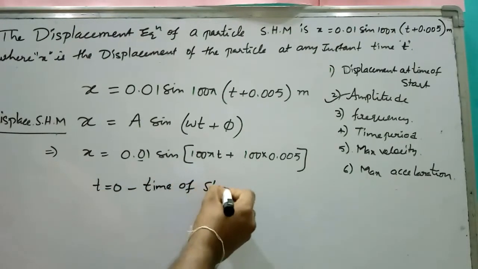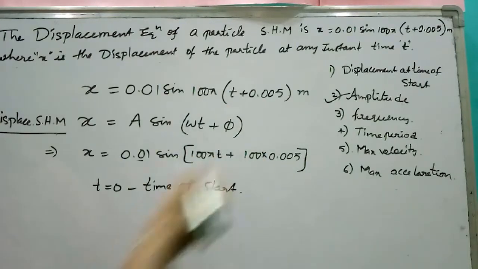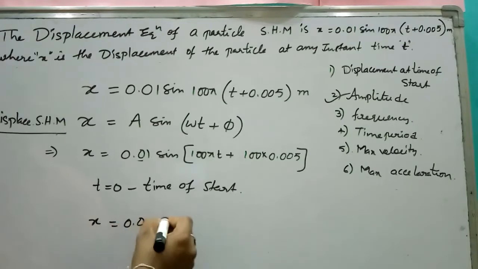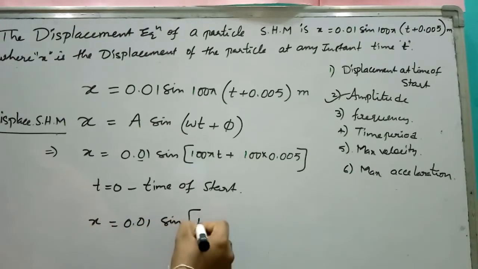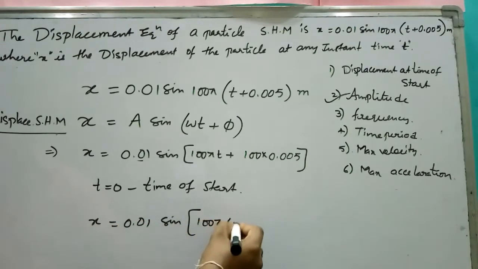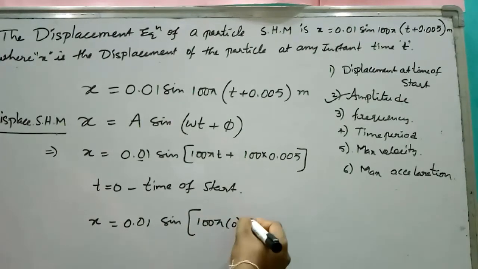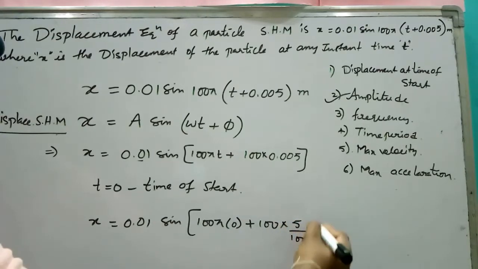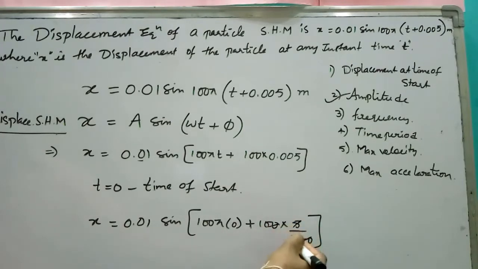At the time of start, the time should be taken as 0. So substituting t equal to 0, the displacement is x equal to 0.01 sine of 100 pi into 0, plus 100 into 5 by 1000. The two zeros cancel, and we get 1 by 2.